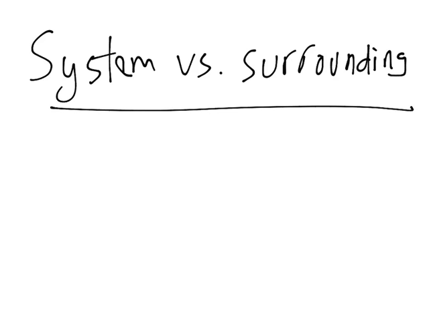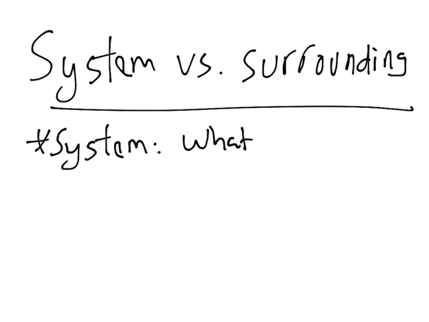First, let's define each. So a system is the part of the universe that is under study. So it's what is under study. That gives you the system.